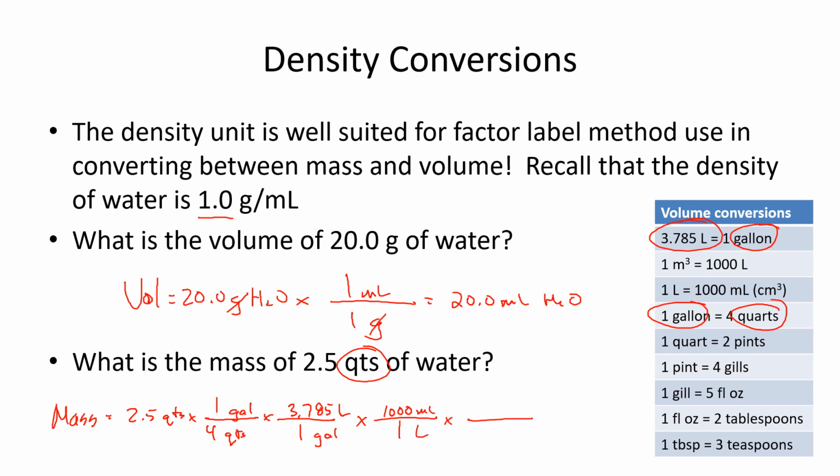And since it's water here, it's 1 gram for every 1 milliliter. So, little calculator action here. 2.5 divided by 4 times 3.785 times 1,000 equals a big number, 2,000 blah blah blah. We have 2 sig figs, so that's just 2,400 grams. There we go.